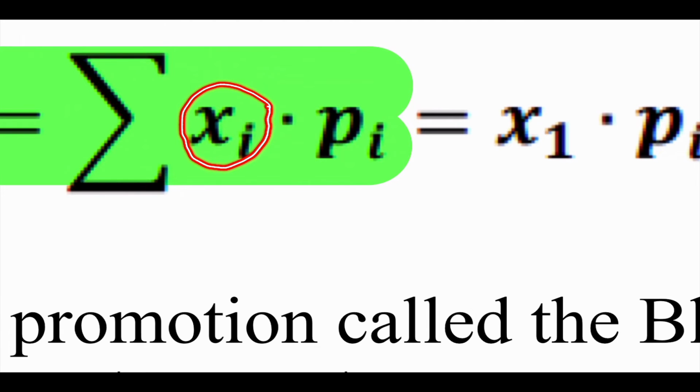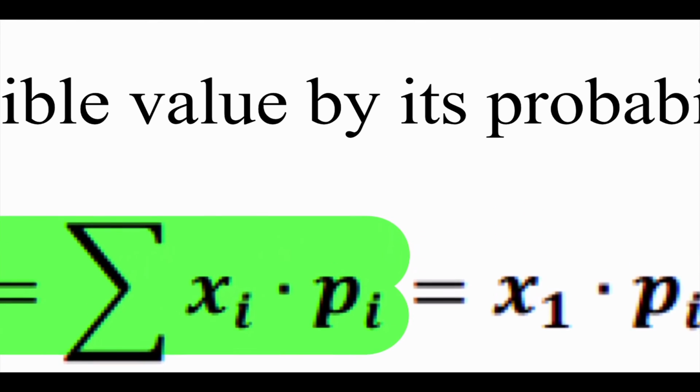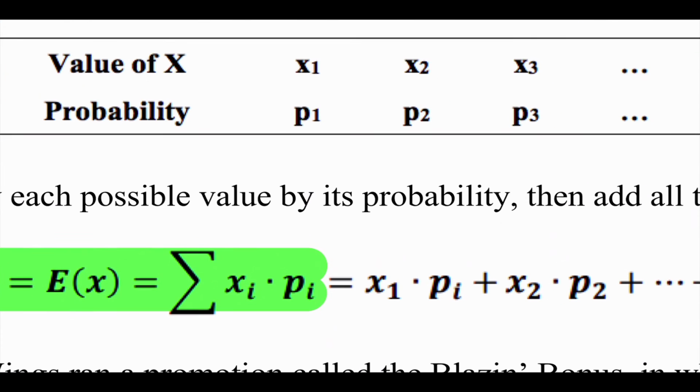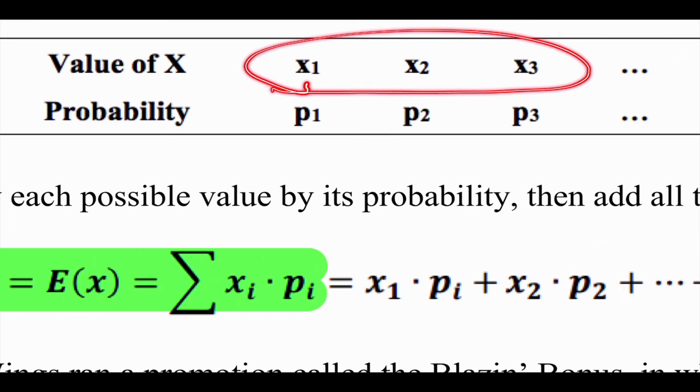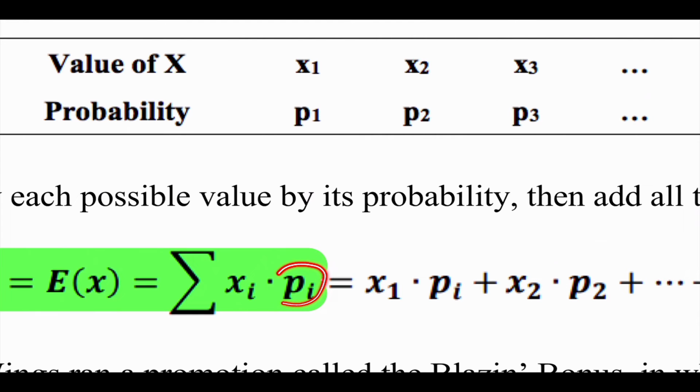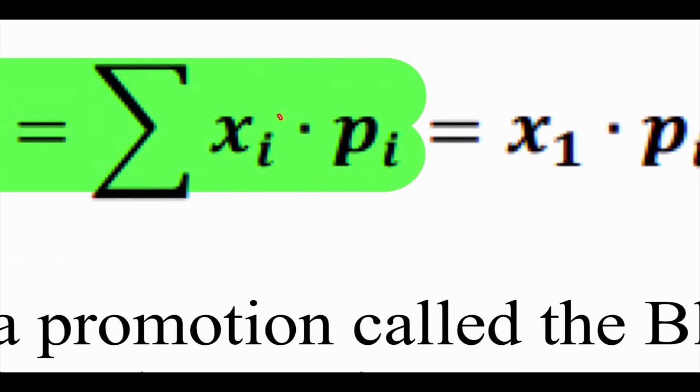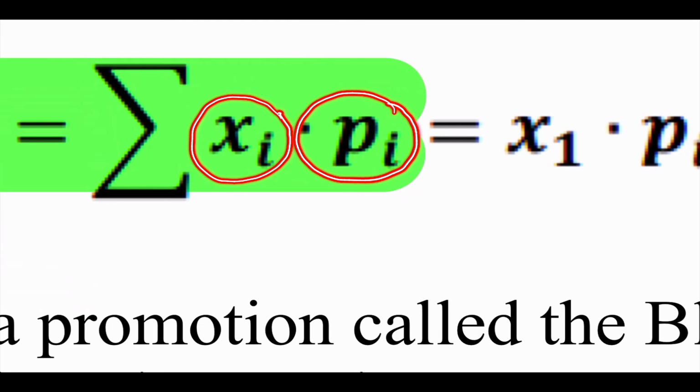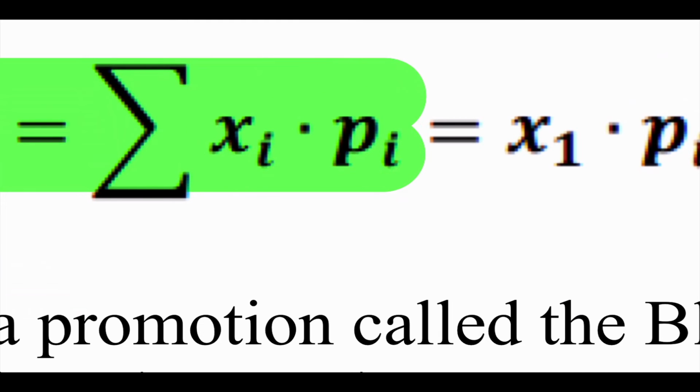X. What do you think the X's are? Close. The random variables. These are all the top guys. What do you think the P's are? Probabilities. What we're going to do is take a random variable, multiply it by its probability. We're going to do that for each of them.